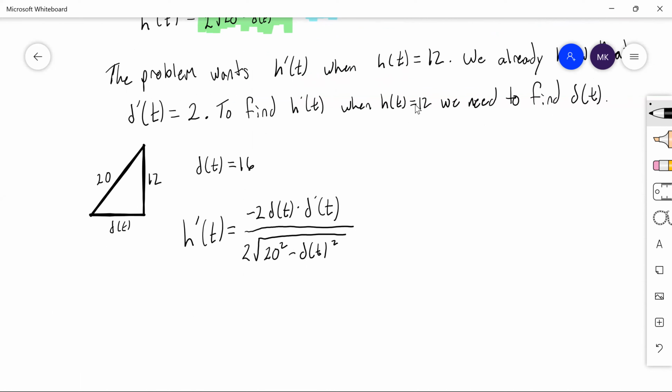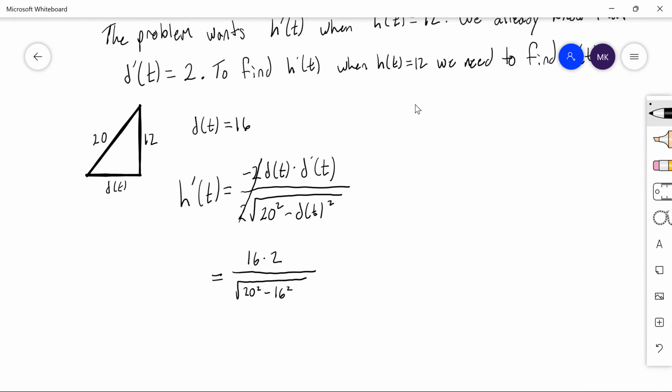Now we know d of t equals 16, and we know d prime of t equals 2. So doing some basic cancellation. First of all, our 2's go away because everything's being multiplied here. So then d of t is 16 times d prime of t, which is 2, divided by the square root of 20 squared minus 16 squared. Is the negatives go away?